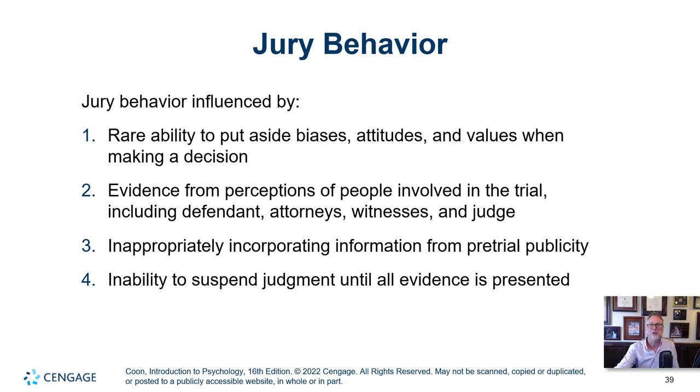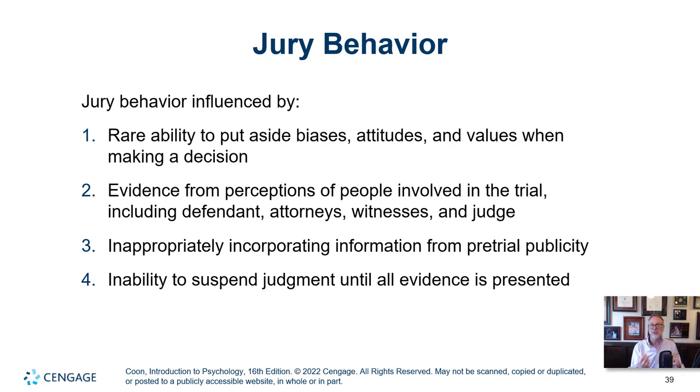First, studies show that jurors are rarely able to put aside their biases, their attitudes and values when they make a decision. That's the first problem. It's very, very hard to do. For example, a lot of jurors judge people by appearance alone and are less likely to find attractive defendants guilty on the basis of the same evidence than unattractive defendants.